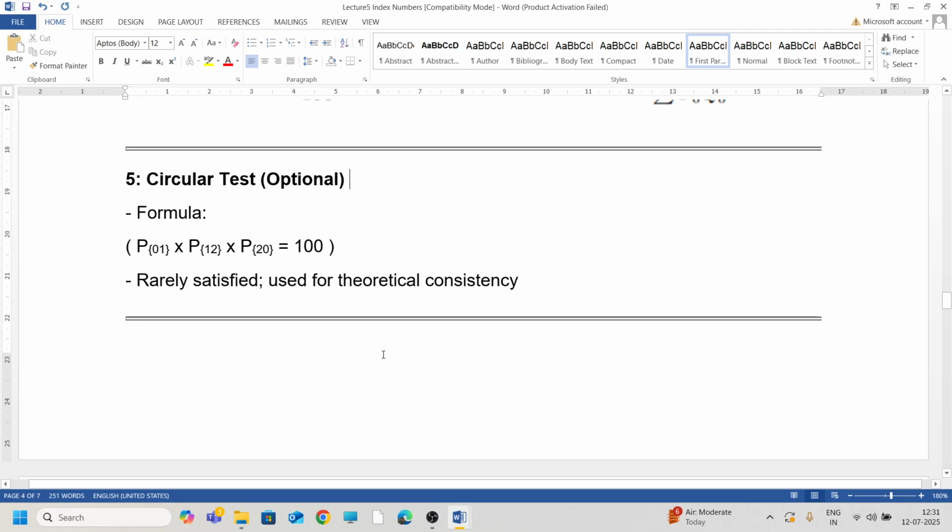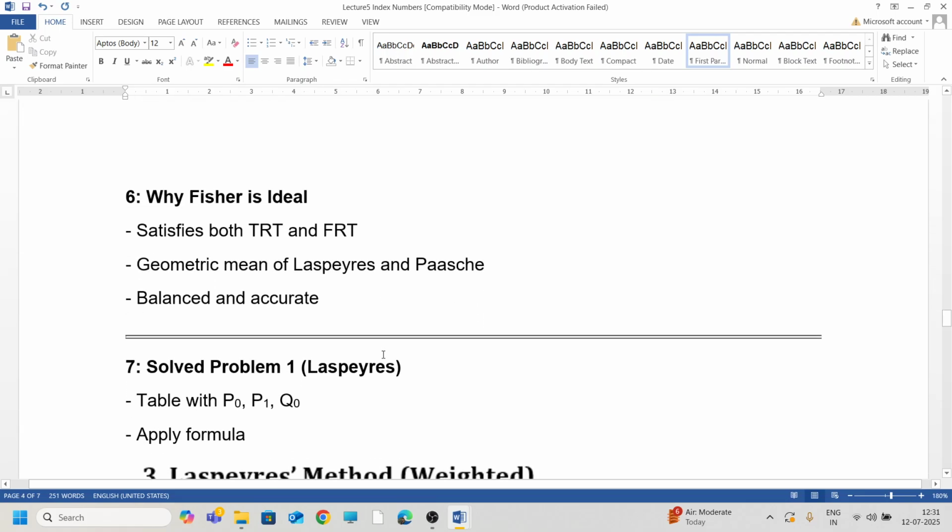Okay. So next, why is Fisher ideal? Fisher's ideal index is considered the best because it satisfies both the time reversal and factor reversal tests. As the geometric mean of the Laspeyres and Paasche indices, it provides a balanced and accurate measurement.